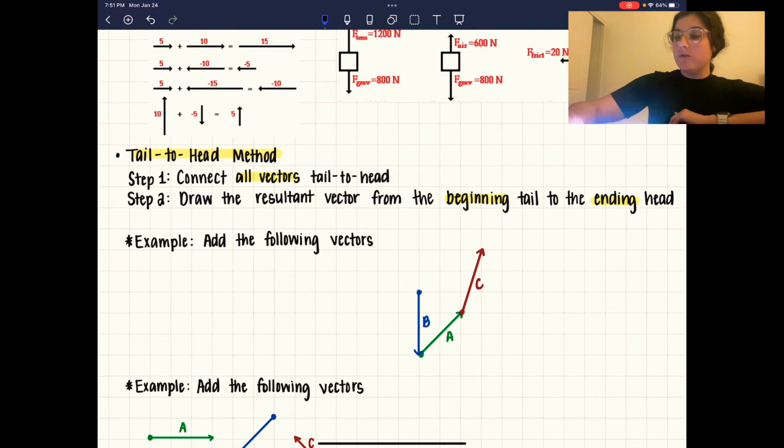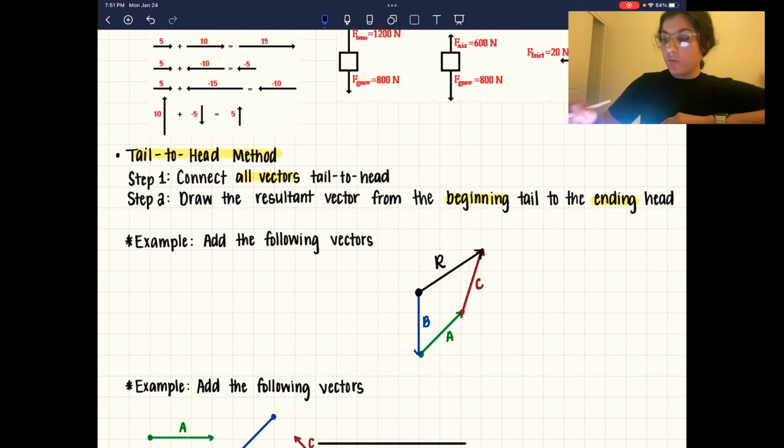And my resultant vector is going to come from drawing a vector connecting the very beginning tail to the very ending head. This would be my resultant vector. So your resultant vector is always going to connect the very beginning of your train of vectors to the very end of your train of vectors.